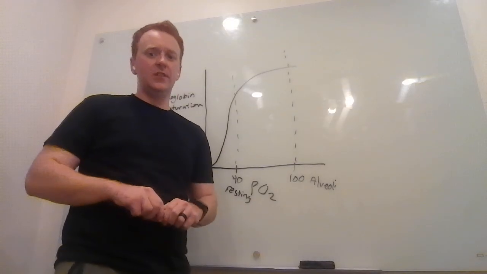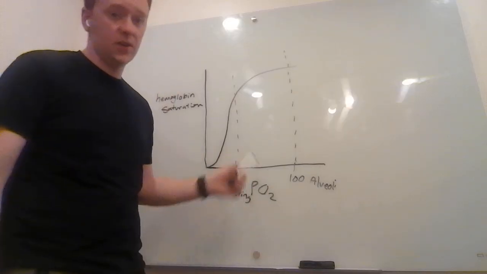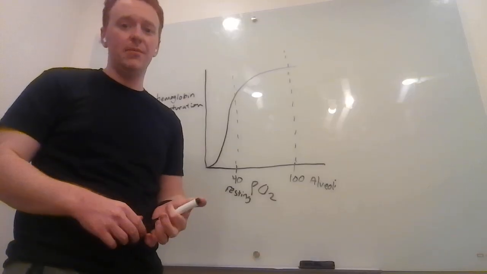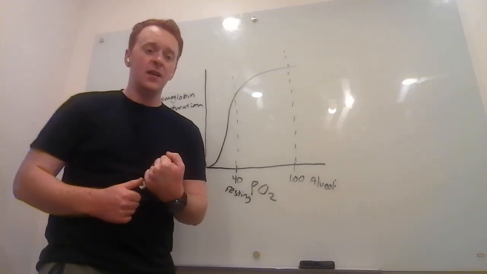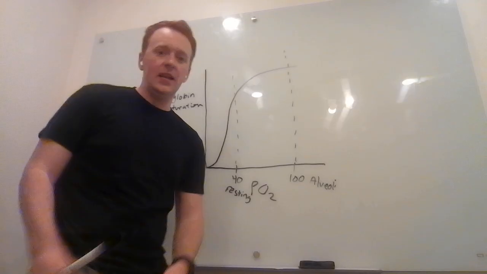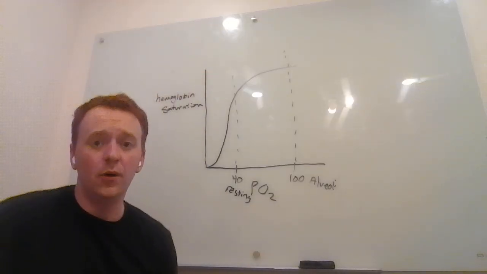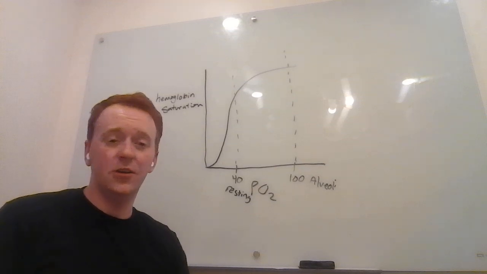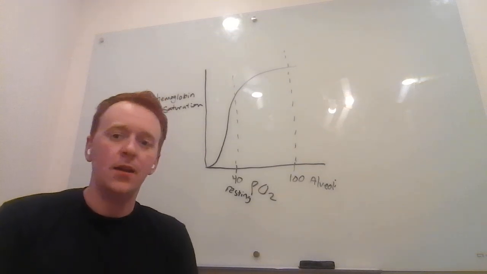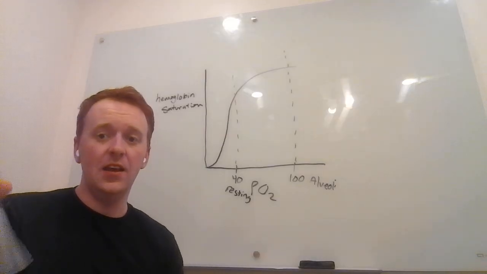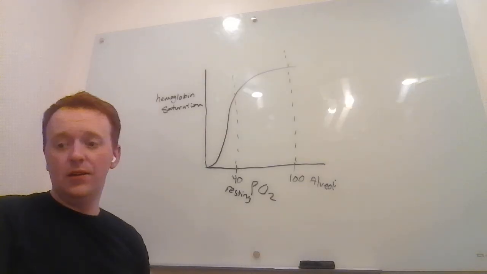Certain factors change the hemoglobin curve, like increased CO2, increased temperature, increased hydrogens in the cell, which would lead to lower pH, and increased 2,3-BPG. And they all reduce affinity and shift the curve to the right a little bit.